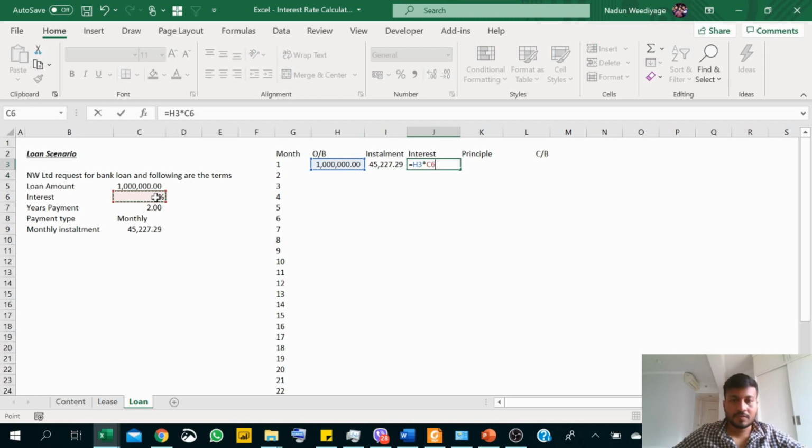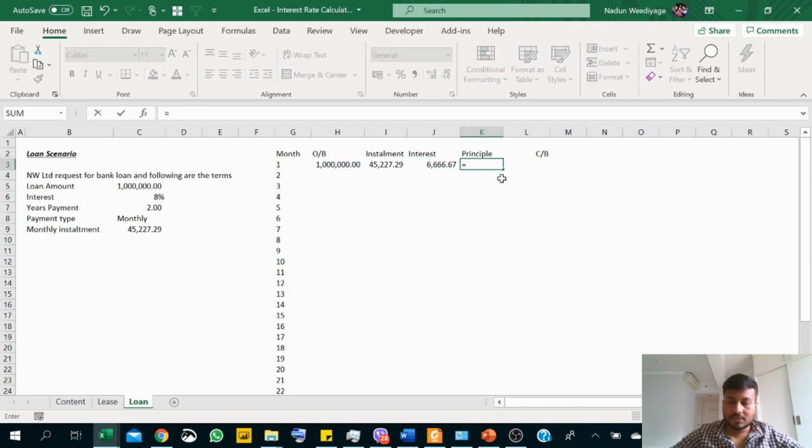But what you need to remember in here is that it's a monthly interest, so the interest that is given in here is an annual interest, so we have to divide this by 12 in order to get the monthly interest. And don't forget to lock the interest rate cell, because it will be a constant throughout the formula.